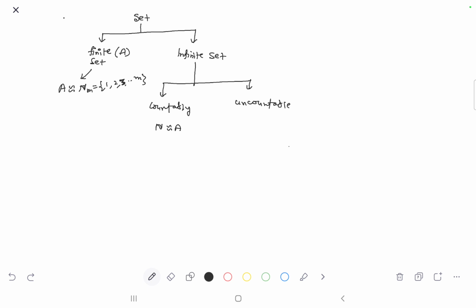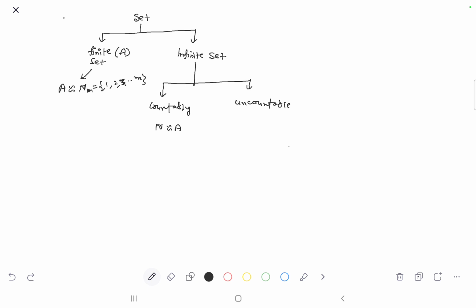Here the book also uses this. If you go to page 165, you can see the terminology varies slightly from book to book. Some other books use countable, denumerable like that. So countably infinite means the set A is equipotent with the set of natural numbers.